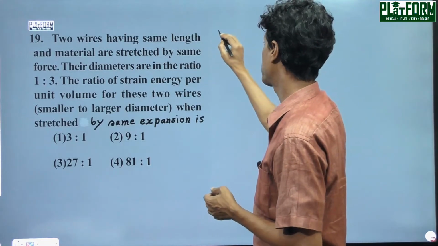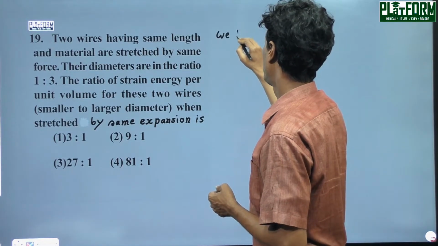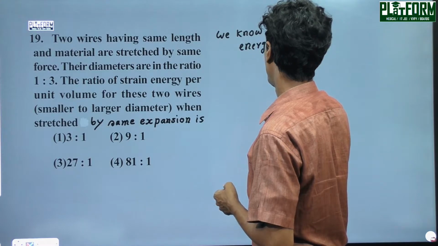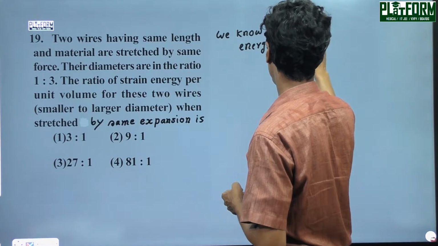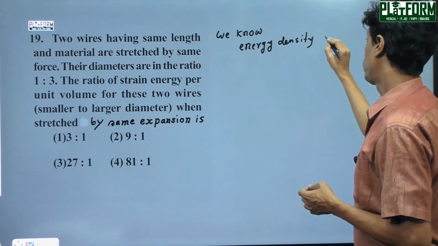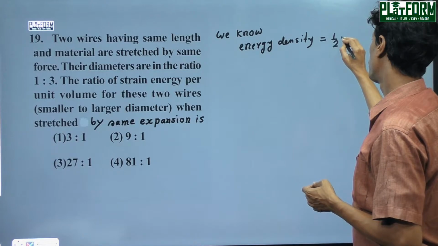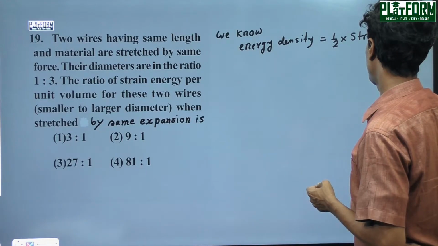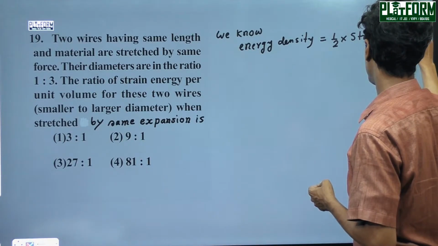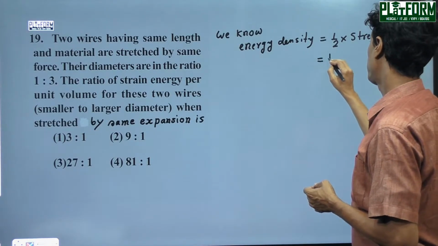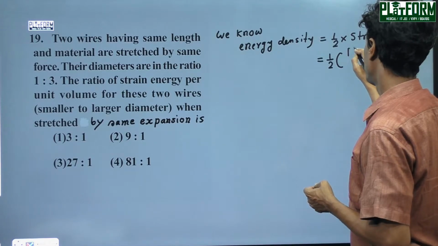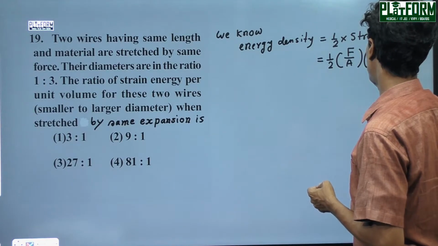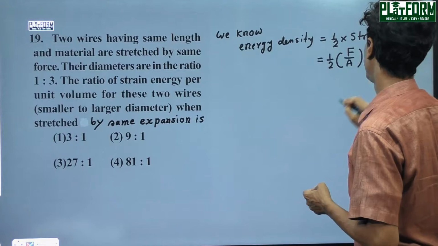We know energy density is equal to half into stress into strain, and it is half, where stress is equal to F by A, and strain is expansion by actual length.